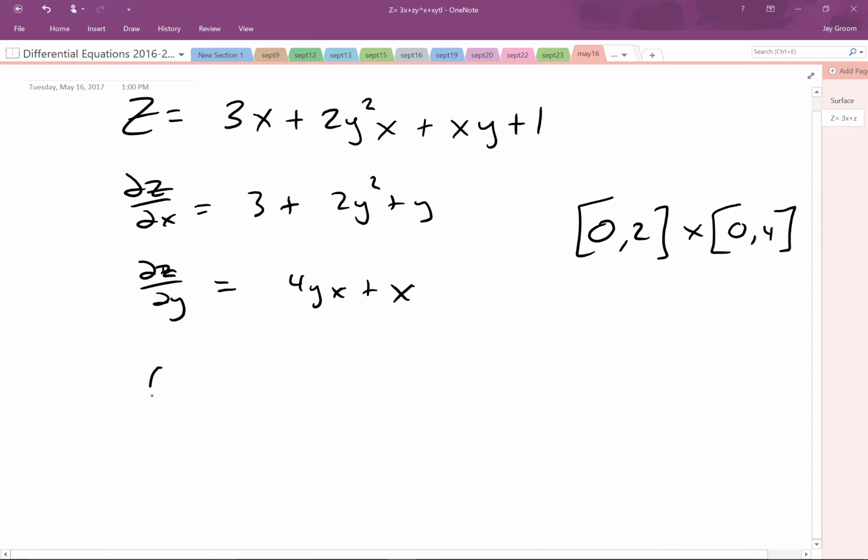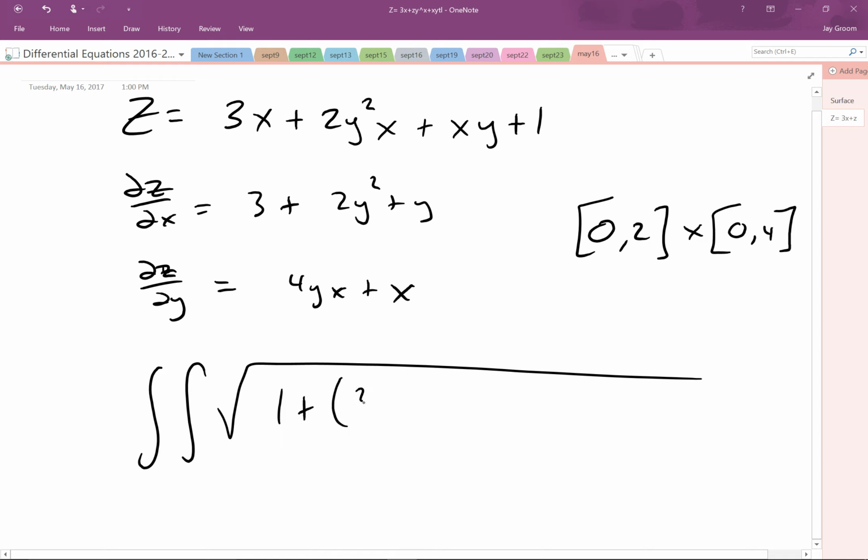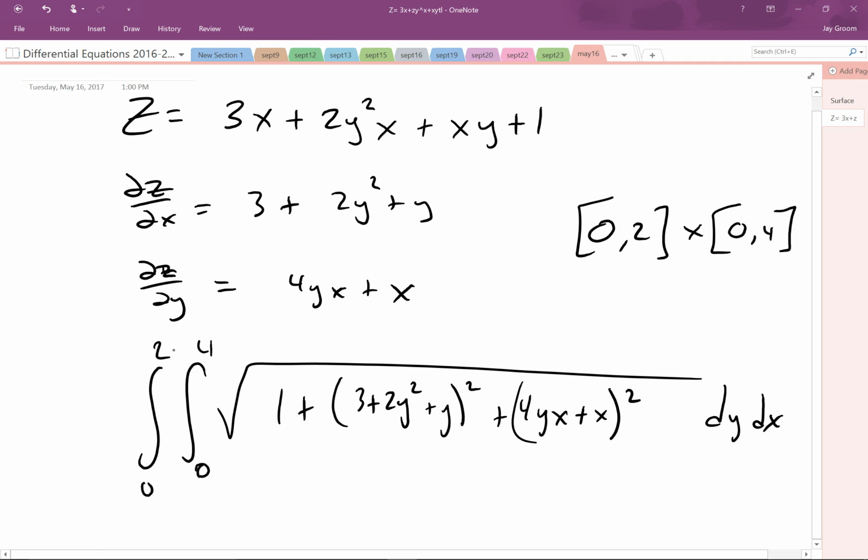So I'm going to do the double integral of the square root of 1 plus this thing plus this thing. Either order you want, doesn't matter. I chose this direction, but you can do whatever you like.